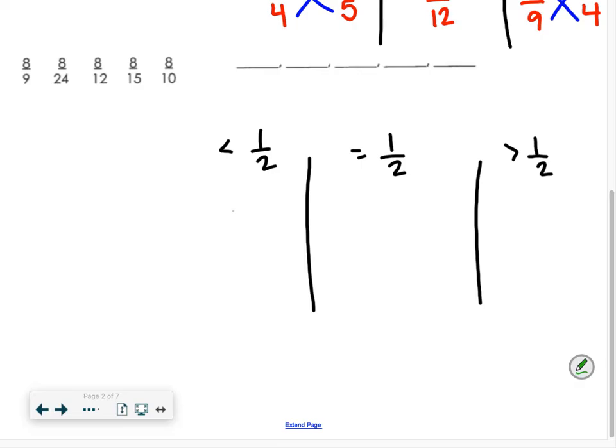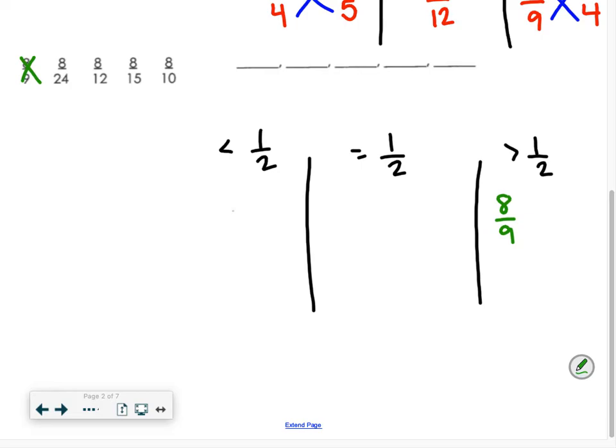Okay? So, what is about half of 9? 4.5. If I have 8, is that greater or less than a half? Greater. The only small one is 8 out of 24.